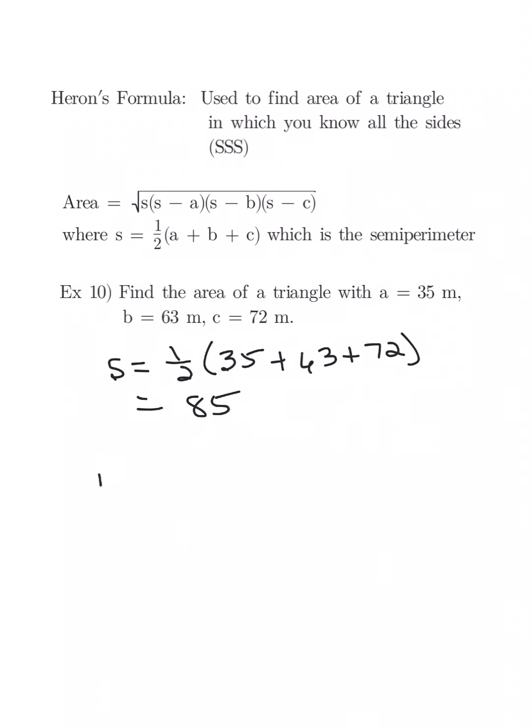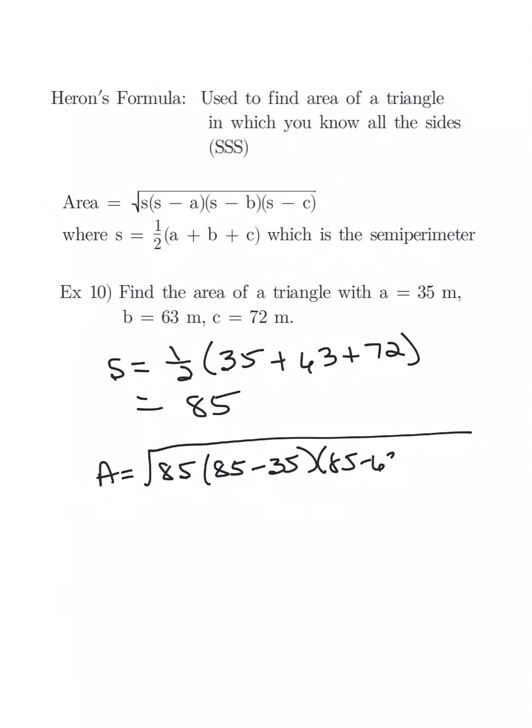Now we're ready to actually do area. So you've got a square root, and inside that square root, you start out with just the S, 85. Then you take the S minus each of the side lengths. So 85 minus 35, 85 minus 63, and 85 minus 72. And all of these things are multiplied together.